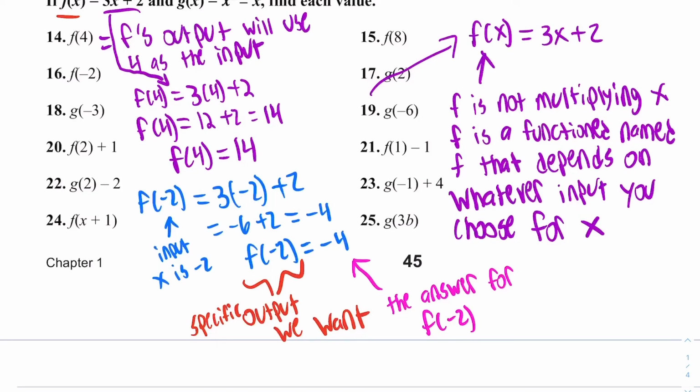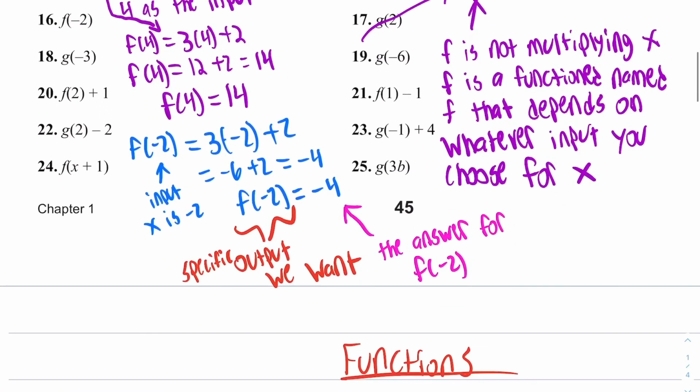That's the answer for f of negative 2. Whenever we use f, this is very similar to saying y equals negative 4. Because our outputs are y's, f of negative 2 has an output for the answer, so that output, which is negative 4, will be equal to y.